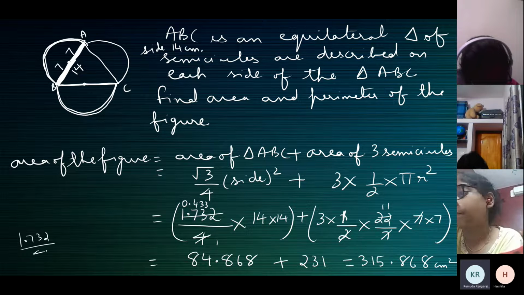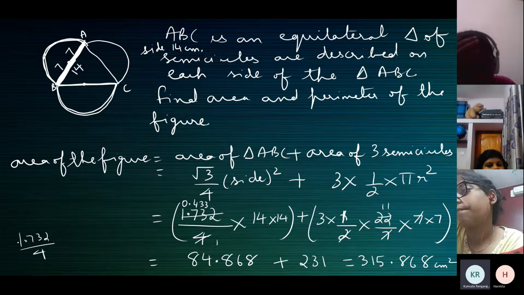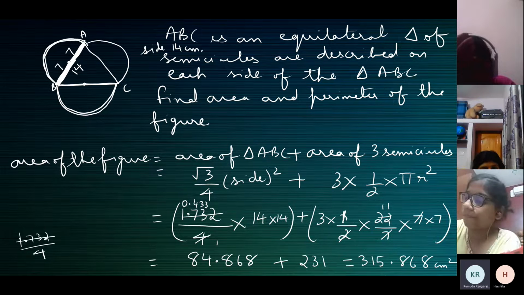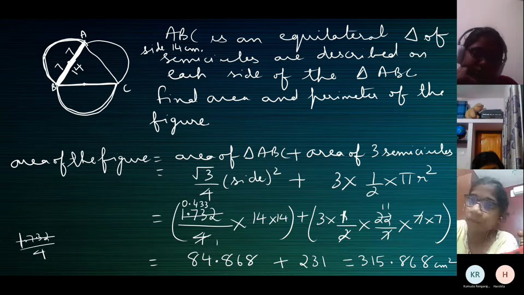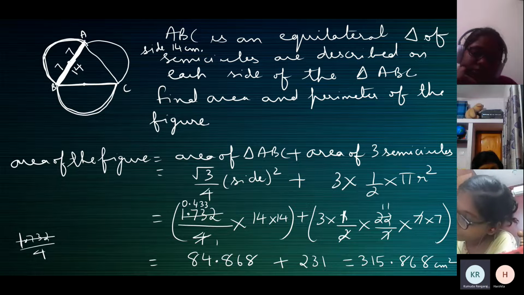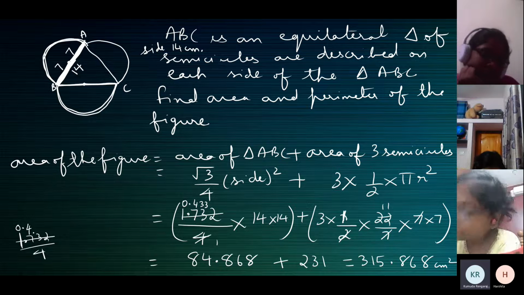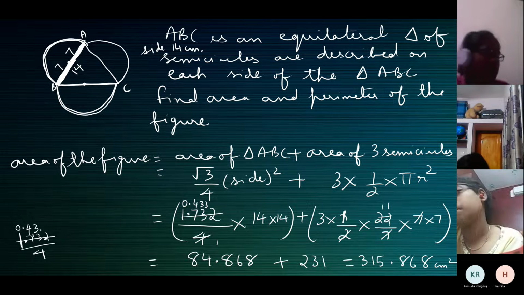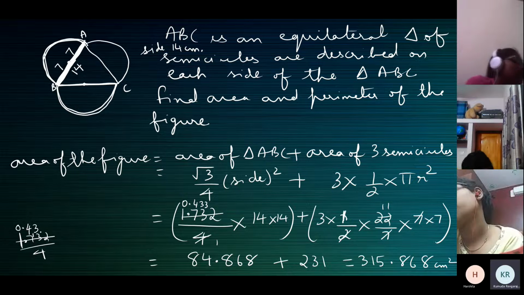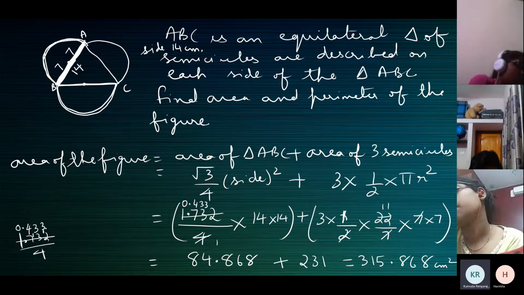1.732 divided by 4. Now, when you divide this 1 by 4, 1 is not sufficient. You'll have to take 17. So it's after the decimal point. So we start with 0 point. 4 fours are 16. 1 is a remainder. 4 threes are 12.